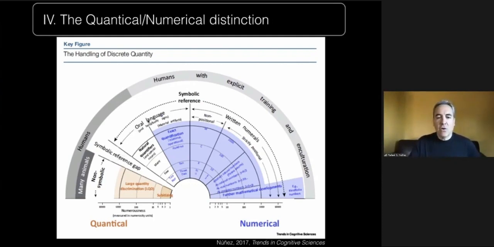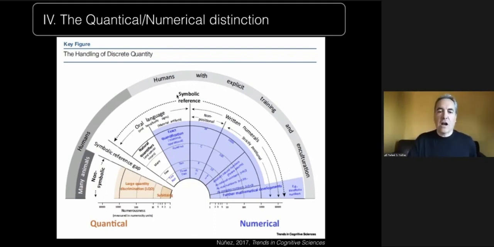So when you start to have oral language or written numerals, all these require symbolic reference, going from natural quantifiers, which here are in white because they're not exact, and everything else here exact, getting to complicated notations and forms in mathematics, for which you need explicit training and enculturation.